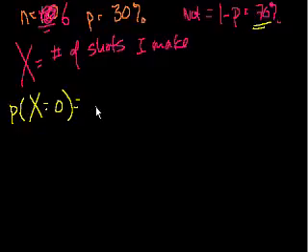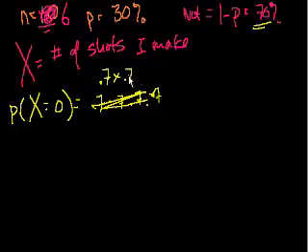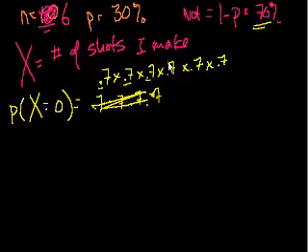The probability of this is 0.7 times 0.7 times 0.7 times 0.7 times 0.7 times 0.7, right? Each of these is missing the first shot, second shot, third shot, and so forth. And this is equal to 0.7 to the 6th power, whatever that might be. And there's only one way to do it. I literally have to miss every shot in order for x to be equal to 0.